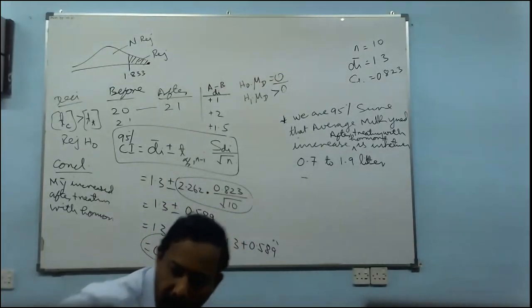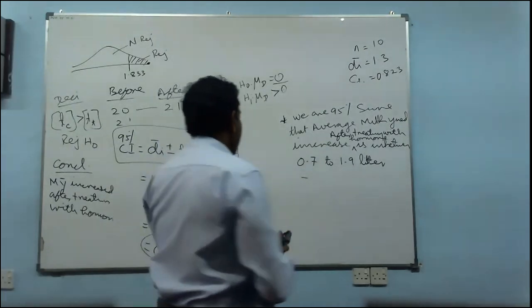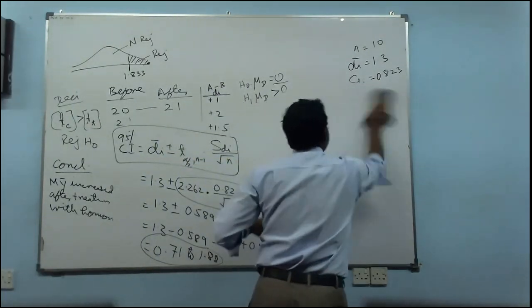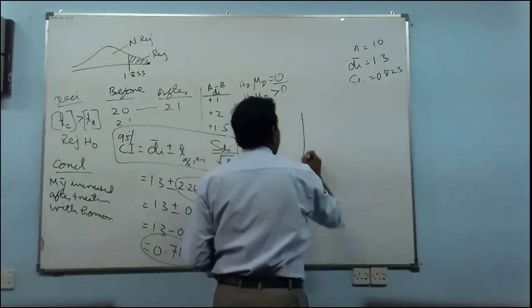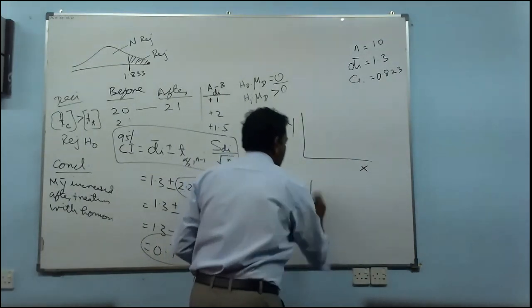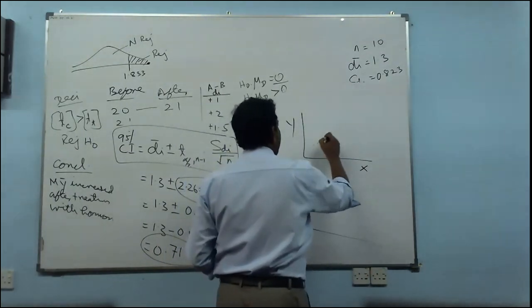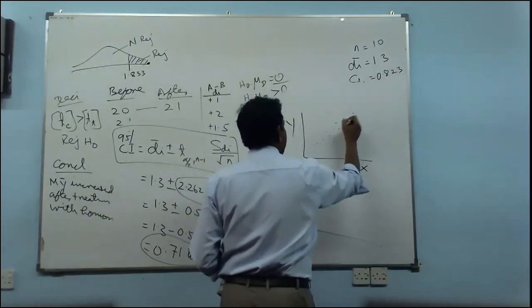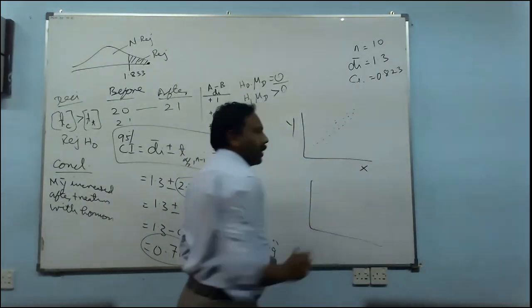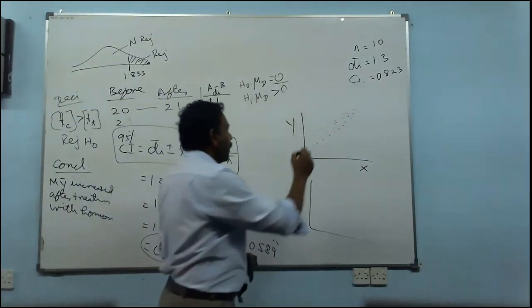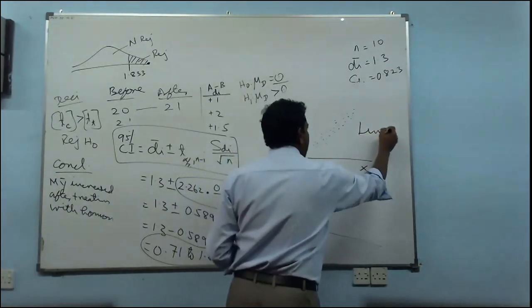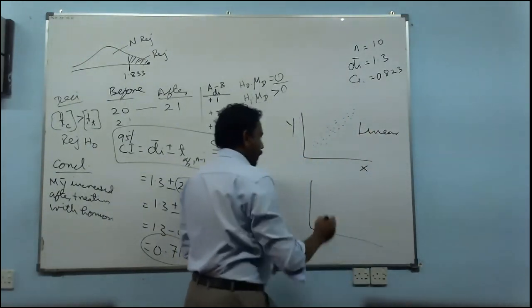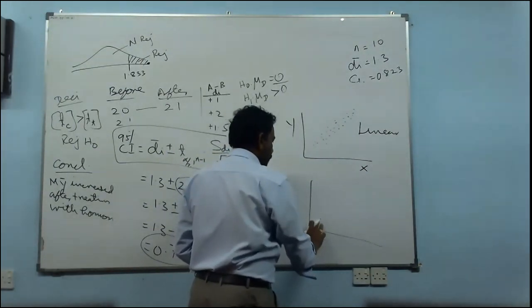I will use the board, that would be better. Here the nature of the relationship is linear. It is called linear. Look at the nature of the relationship here.